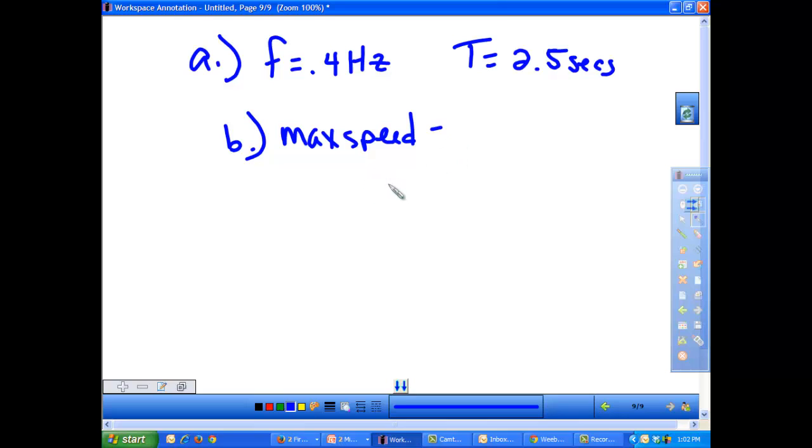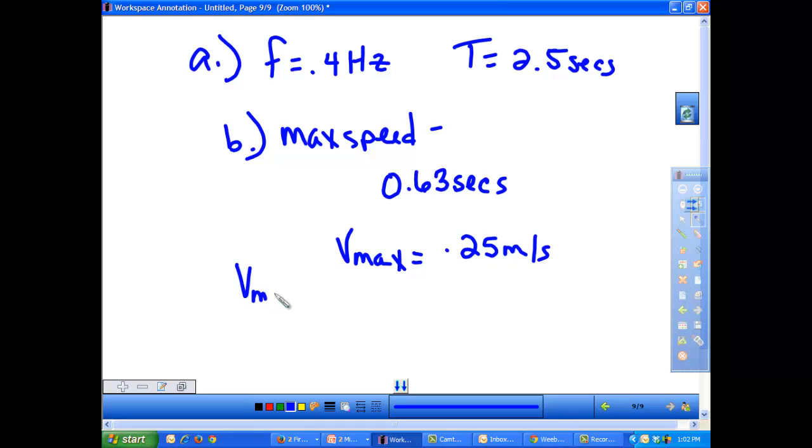The max speed happens at 0.63 seconds, and the max speed is 0.25 meters per second. For the max speed, I'm not sure if I mentioned this in the previous slide, but if you don't know it, you can use this expression, 2 pi times the frequency times time, to figure out what your maximum speed would be.